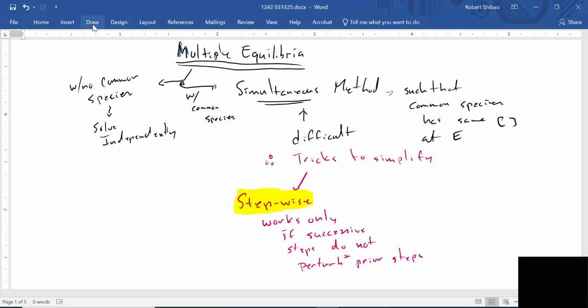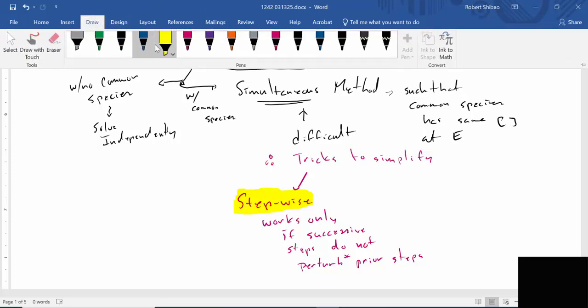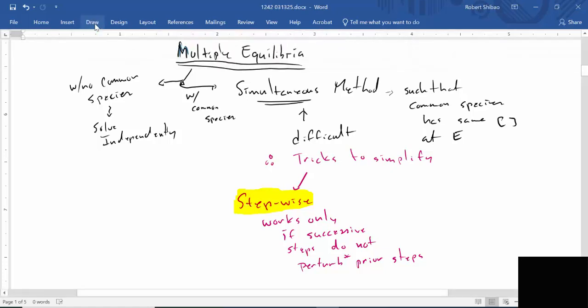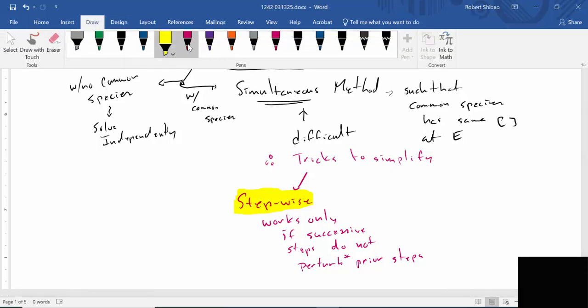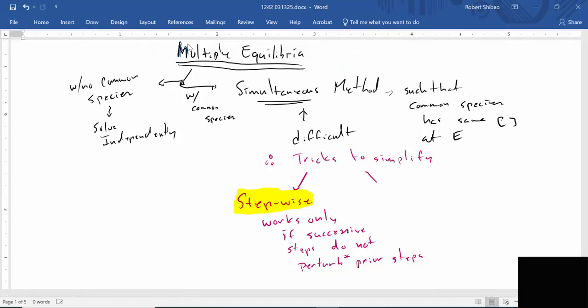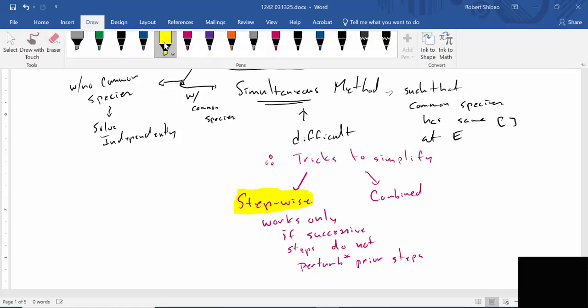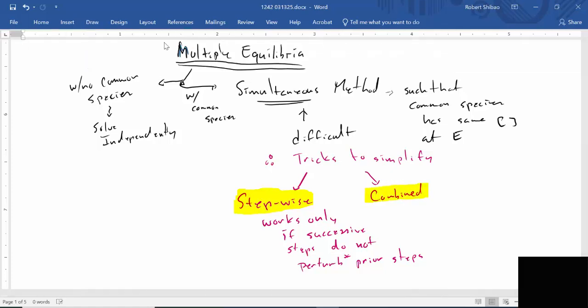The other approach is combined, but combined only works under very specific scenarios where you just combine the equations. Combine requires you to ignore some species in the equilibrium.